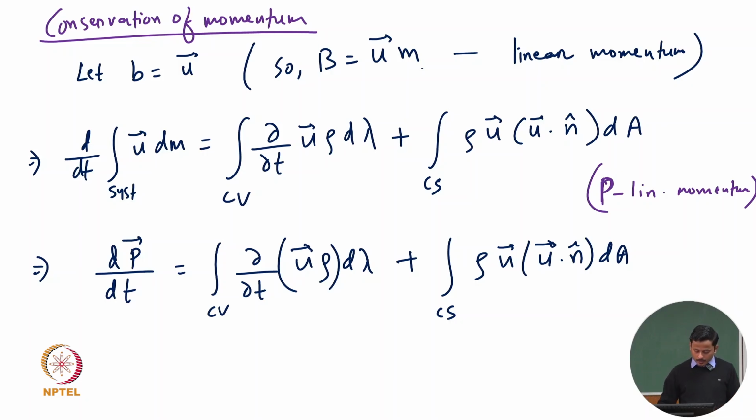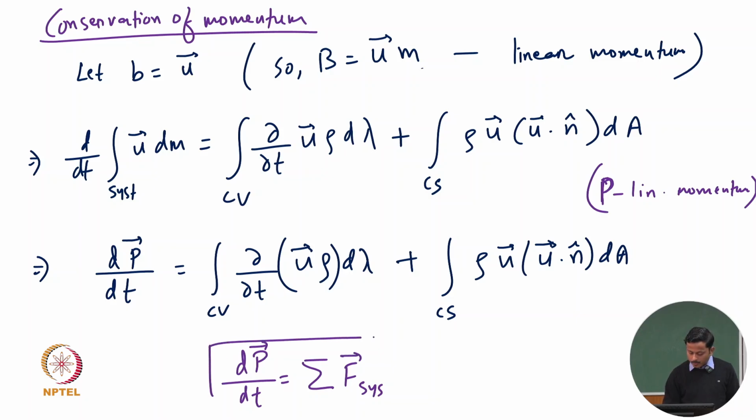In an inertial frame of reference, the rate of change of this linear momentum, as I said, will be equal to the sum of the external forces acting on the system. This is nothing but Newton's second law of motion.